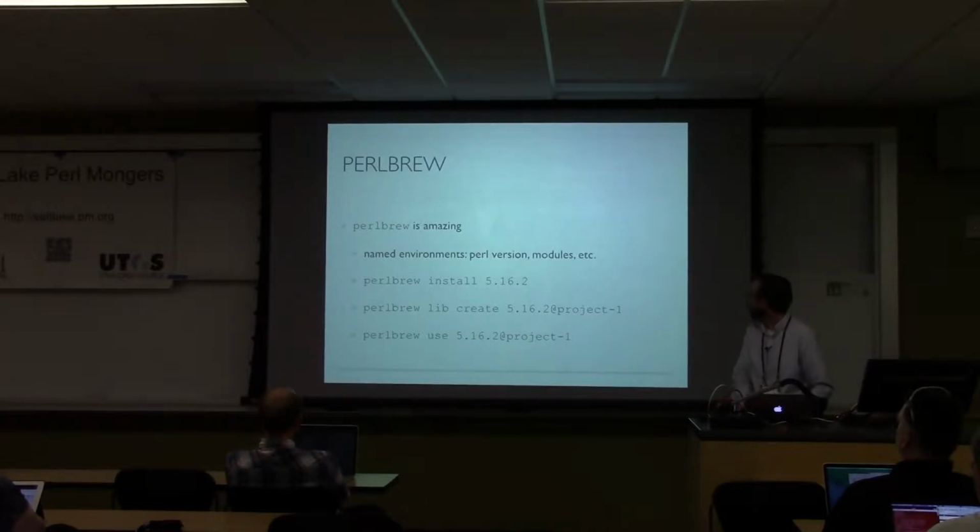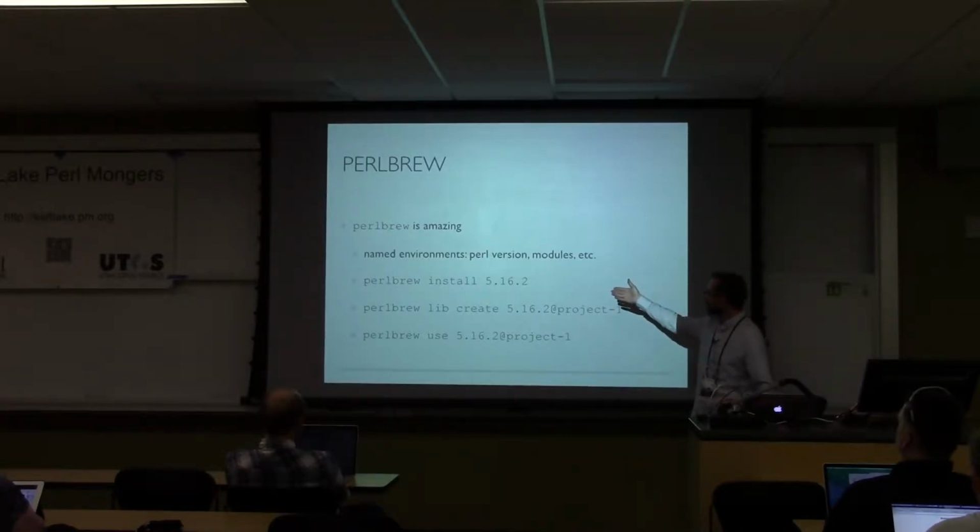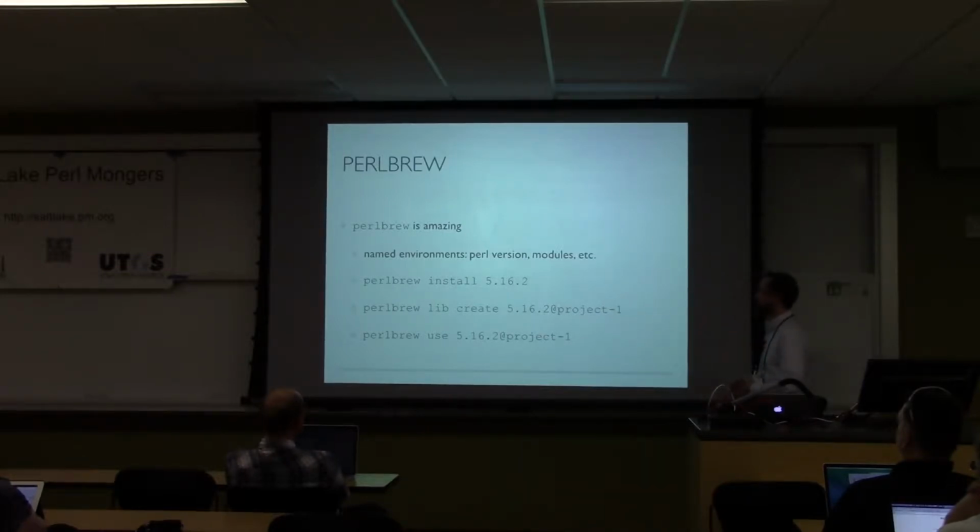So perlbrew gives you named environments. Here are some simple commands. perlbrew install 5.16.2 will install that specific version of Perl. Once you've done that, you can create what's called a lib under the perlbrew command. That gives you a little container within your 5.16.2.